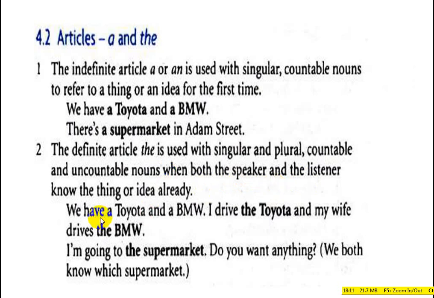For example, we have a Toyota and a BMW. هاي مثل هاي الجملة. هنا احنا ذكرناها لأن احنا ما نعرف إن هاي الفكرة إنه that we have a Toyota and a BMW or somebody has a Toyota and a BMW.